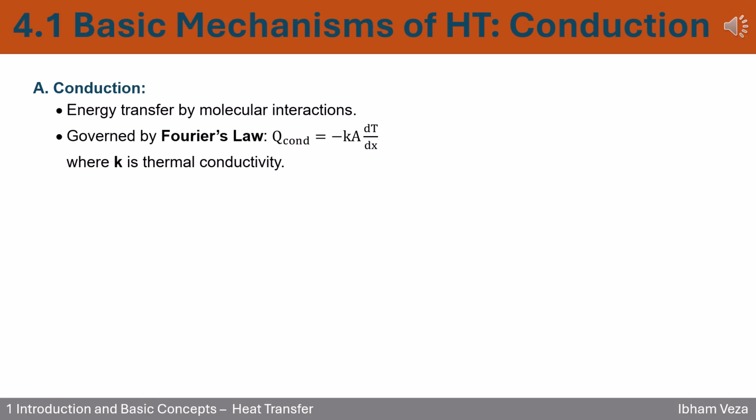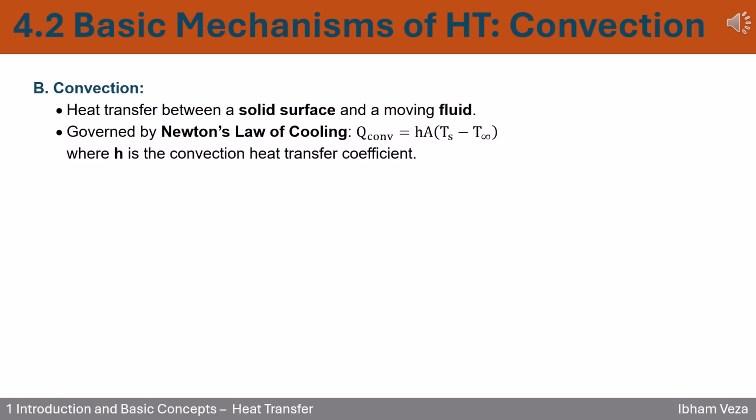The formula is Q equals negative kA times dT/dx, where k is the thermal conductivity of the material. Understanding conduction means knowing how molecules pass energy and how to calculate heat flow using this simple but powerful equation.